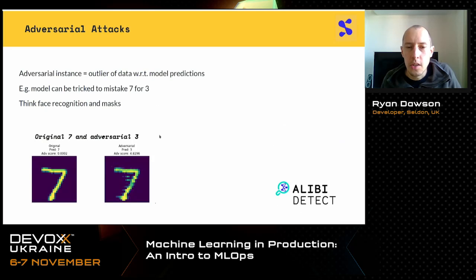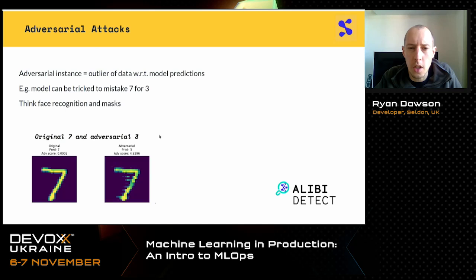So another interesting thing that detectors might be applicable for is adversarial attacks. These are when manipulated data is fed to a model in order to trick the model. Think, for example, of how face recognition systems can sometimes be tricked by somebody wearing a mask.